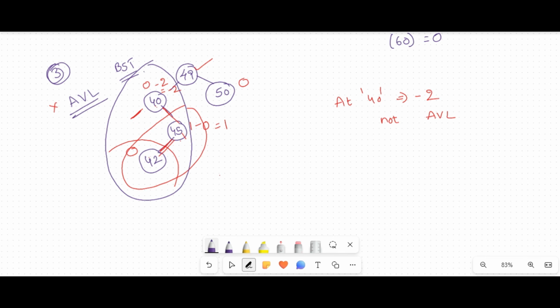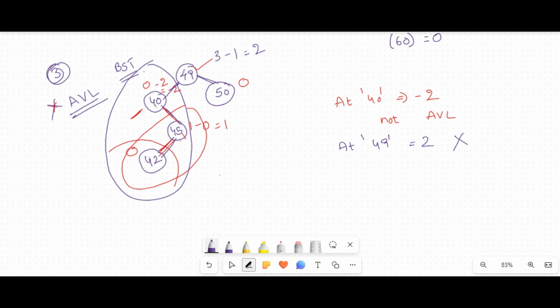In this left subtree, what is the height? 1, 2, 3. 3 minus right subtree 1. 3 minus 1 equal to 2. So at node 49 also, the balance factor is 2, which means the AVL property is not satisfied at node 49. So it is not an AVL tree.